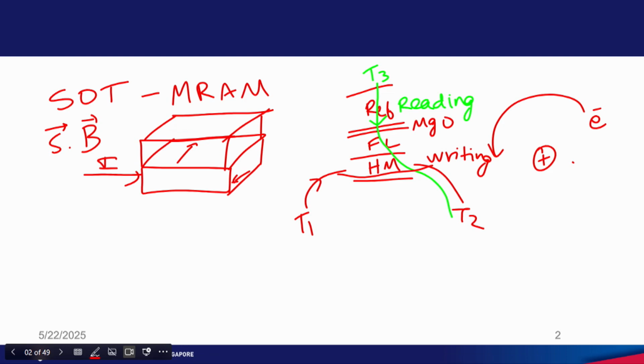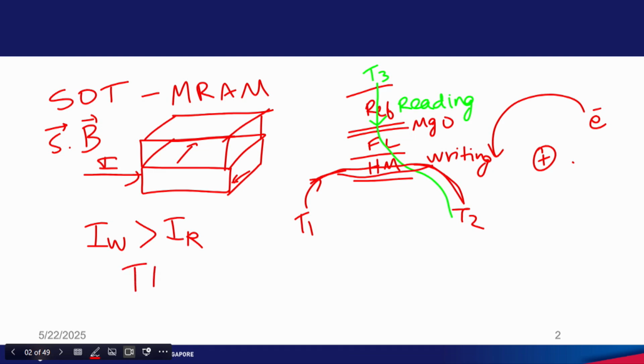Okay, so, because of this we have some advantage. I told you that writing current is larger than the reading current. So, in the case of SOT MRAM, we are sending the larger current through the heavy metal. So, it does not go through the magnesium oxide, and it does not break down the tunneling barrier.